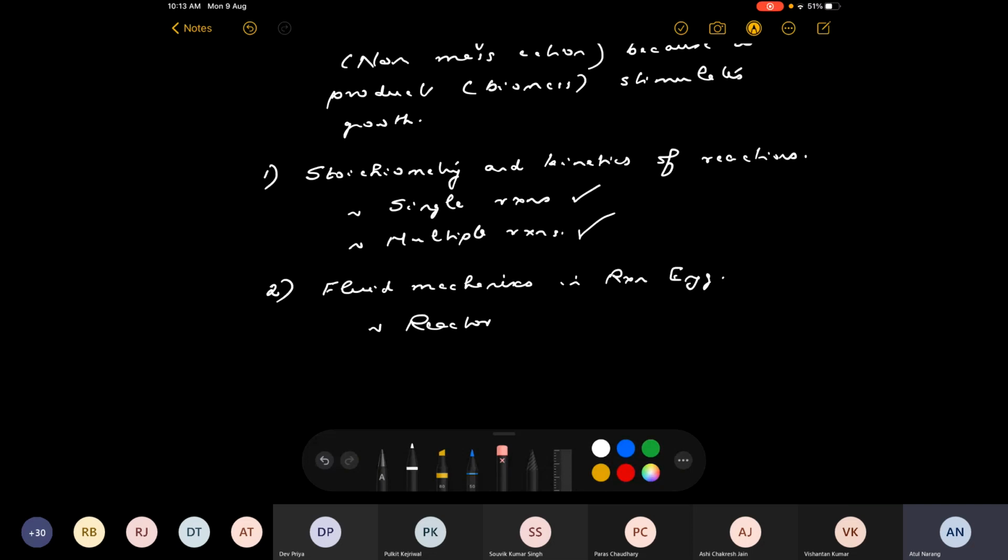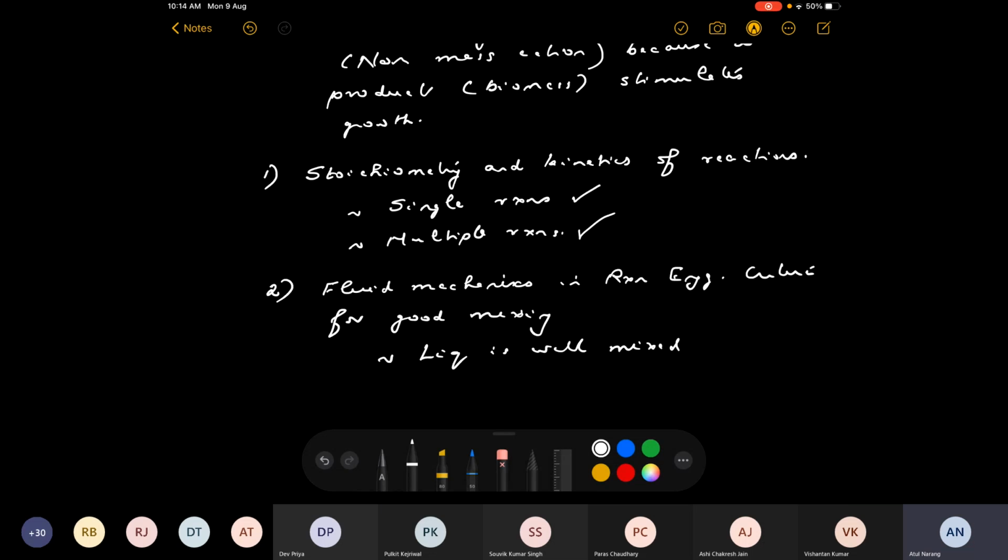So basically, we'll come up with criteria. This is mostly about developing criteria for good mixing, and that means that the liquid is well mixed.